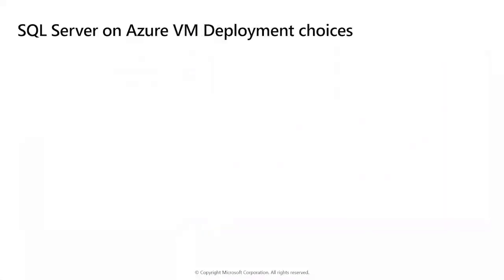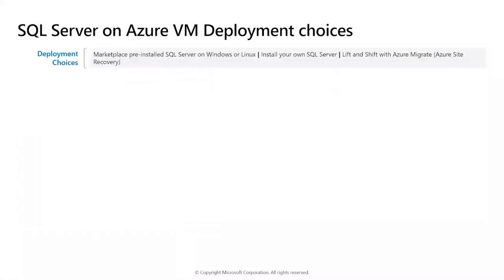So you have three options to deploy SQL Server to an Azure virtual machine. There are some pre-installed SQL Server on Windows and Linux virtual machines in Azure, which you can access through the marketplace. You can also install your own SQL Server on an Azure virtual machine. You can lift and shift your on-premises SQL databases using Azure Migrate and Azure Site Recovery.